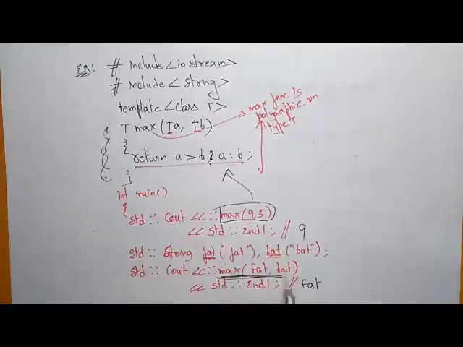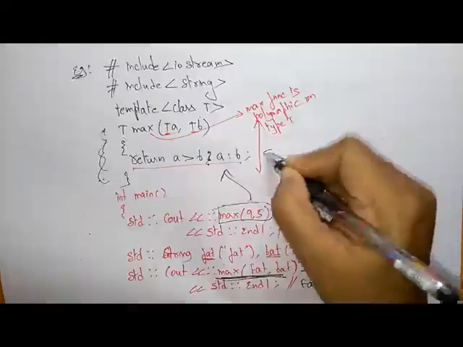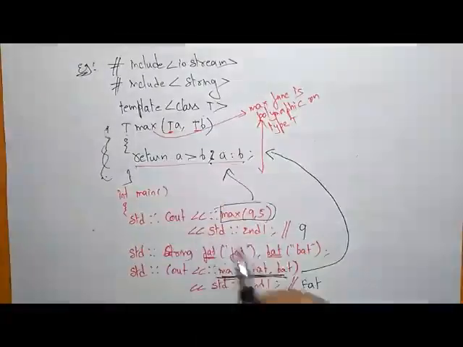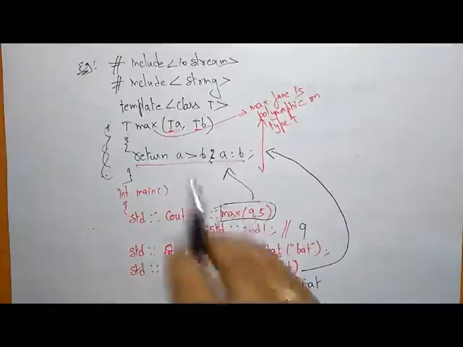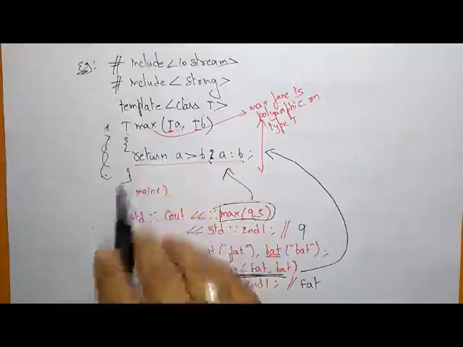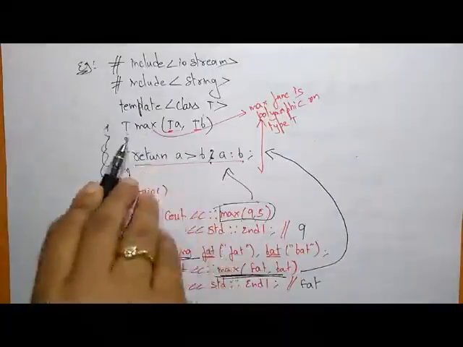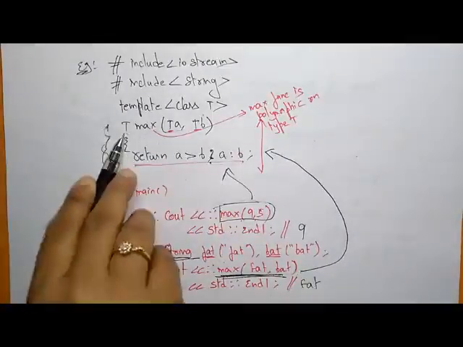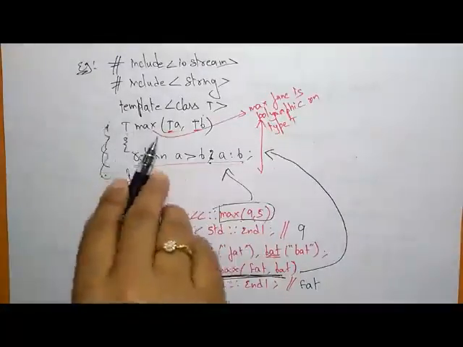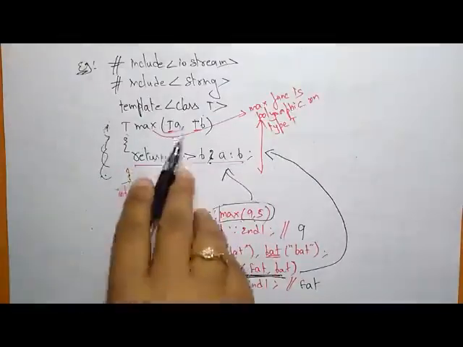So whenever I enter maximum fat comma bat, it enters into this function. In the previous one I had used integers for the same template. Now here I am using strings. So here T will be taken as a string. The return type will be string, string maximum. Here it takes fat comma bat.